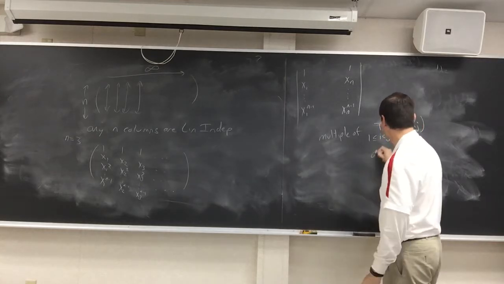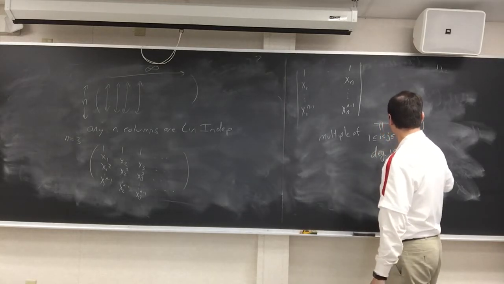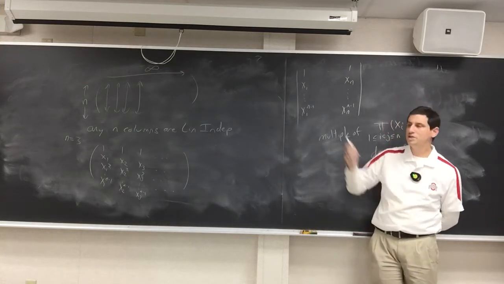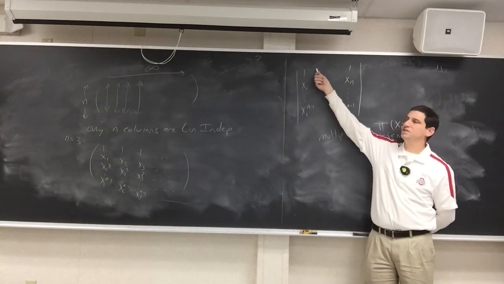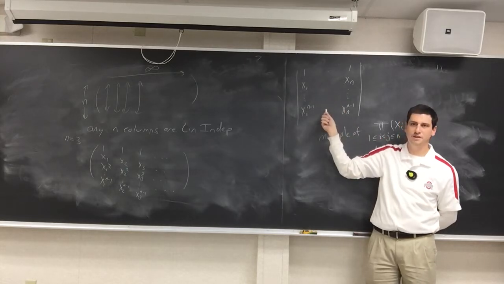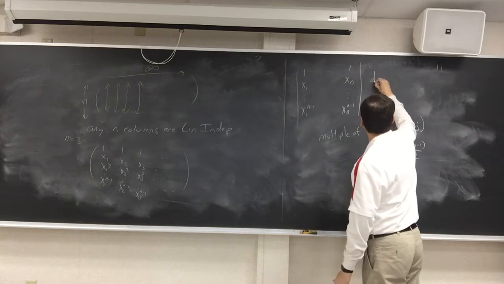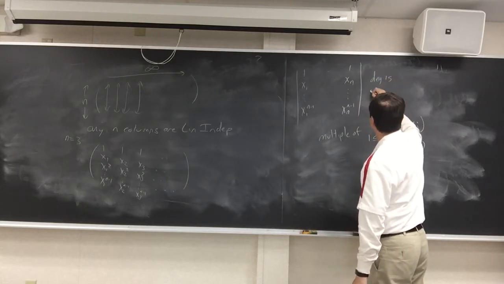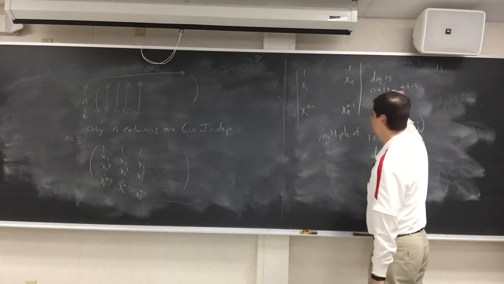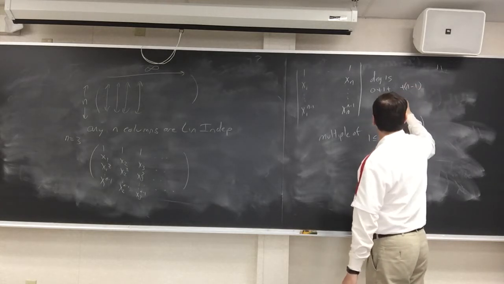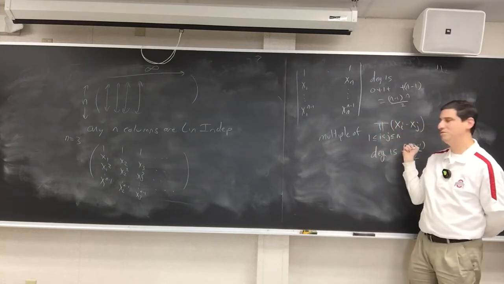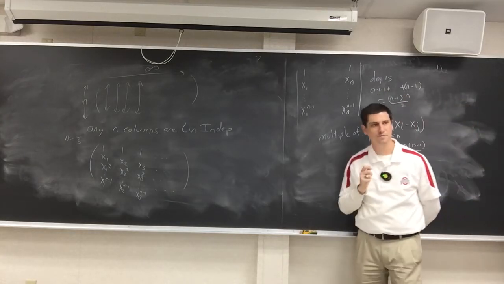The degree here, as before, is n minus 1 over 2. What's the degree of this polynomial going to be? I choose something from the first row, something from the second, something from the third, all the way up to something from the nth. So the degree is going to be 0 plus 1 plus up to n minus 1, and that's equal to n minus 1 times n over 2, which is the same thing as this if you just flip the order of multiplication.